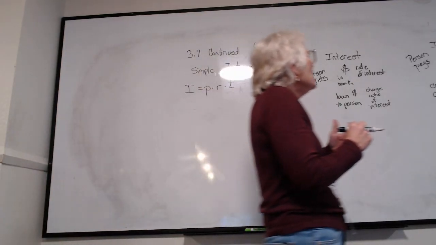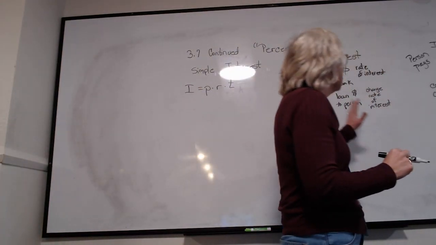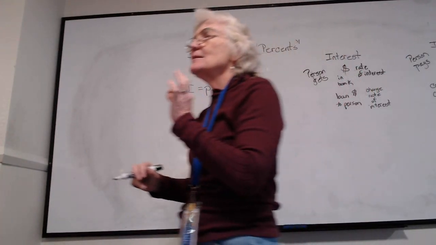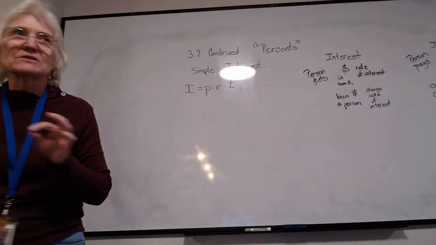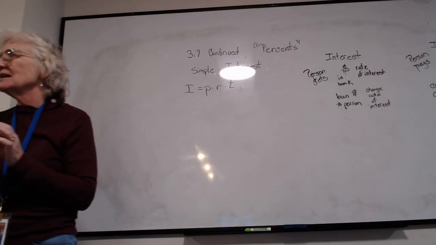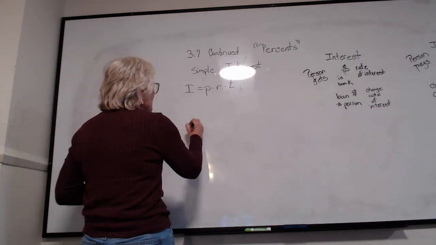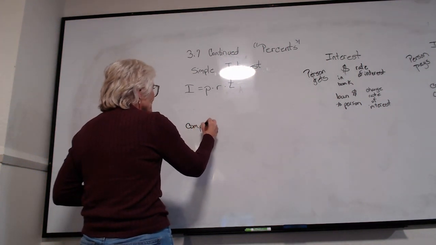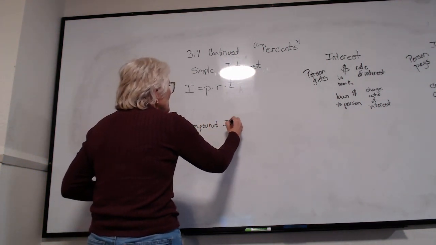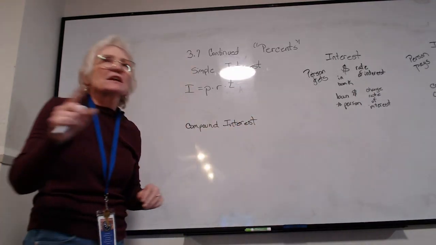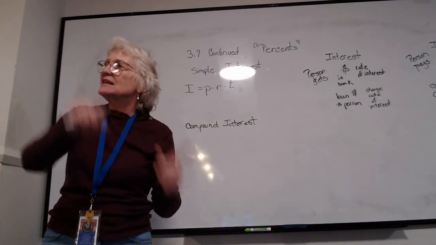Now, when you get into these kinds of things, most of the time you're paying compound interest, which we're not talking about right now. There's two kinds of interest, simple and compound. Compound interest is basically where they start calculating interest on the interest.